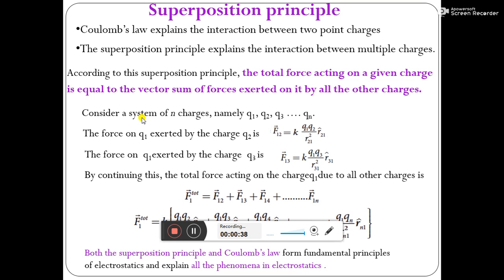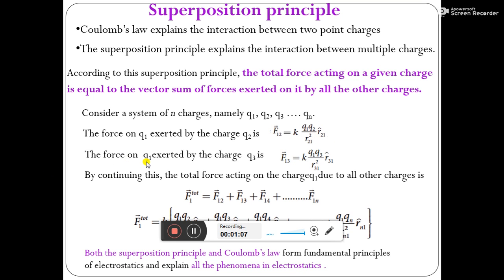Let us now consider a system of n charges, namely Q1, Q2, Q3 up to Qn. From Coulomb's law, the force on Q1 exerted by the charge Q2 is F12, which is equal to K into Q1 Q2 divided by R21 the whole square multiplied by the unit vector R21.